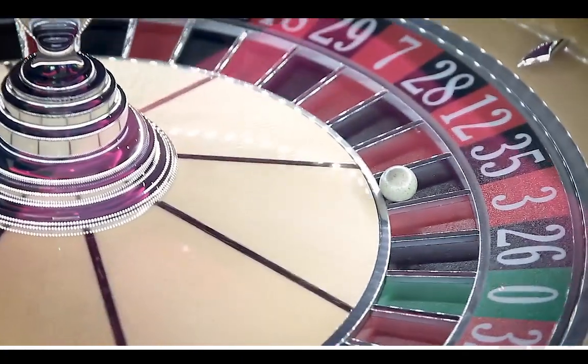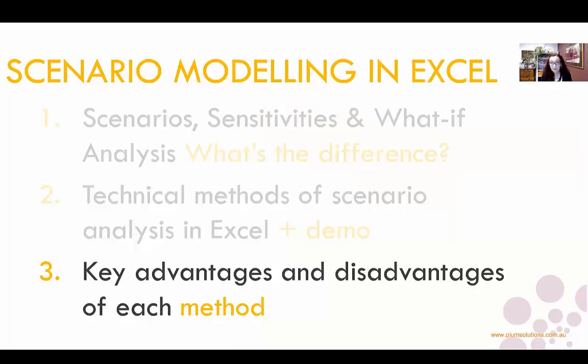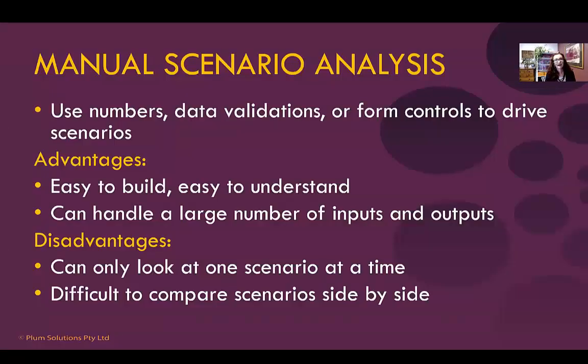Before we do that, let's talk about why Monte Carlo simulation is useful by taking a look at the advantages and disadvantages of the methods that we've discussed so far. So thinking back to the manual scenario analysis, where you do a drop-down box, so you'd say base case scenario, all the numbers change, best case scenario, all the numbers change.